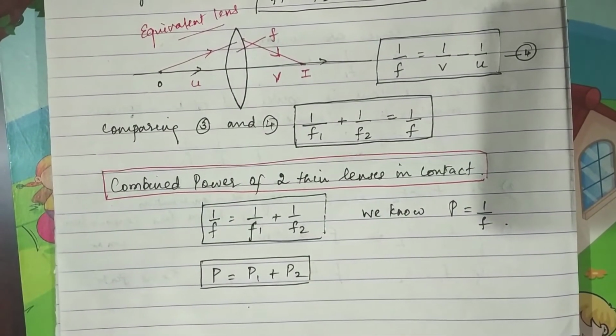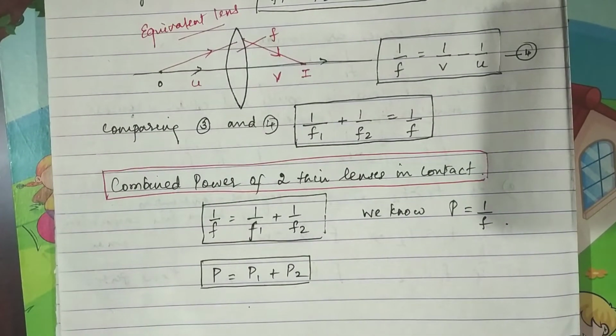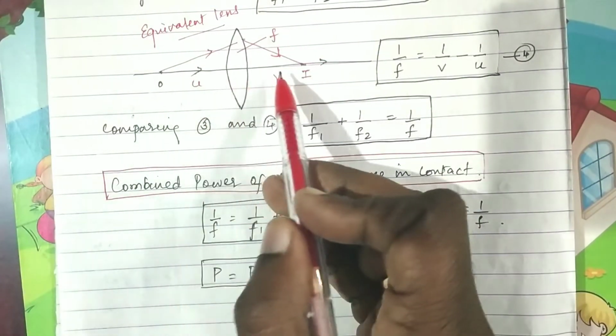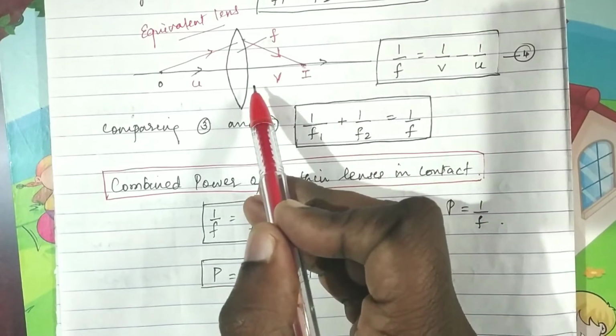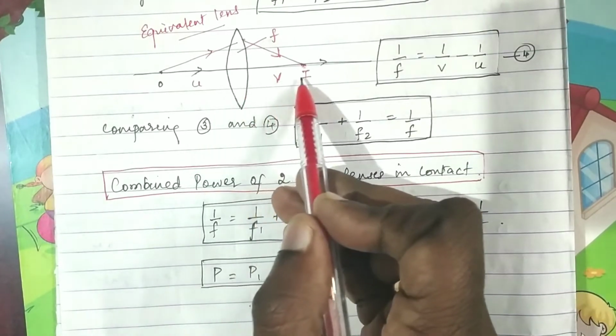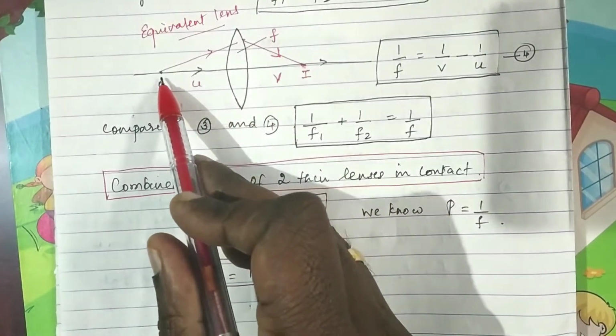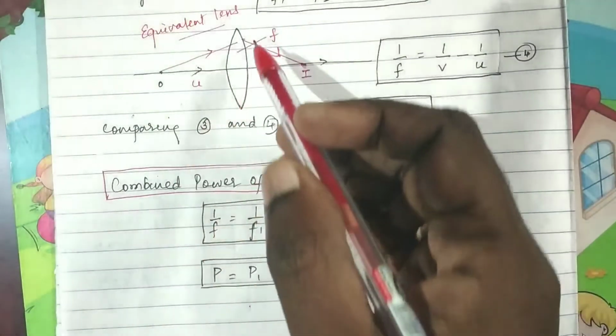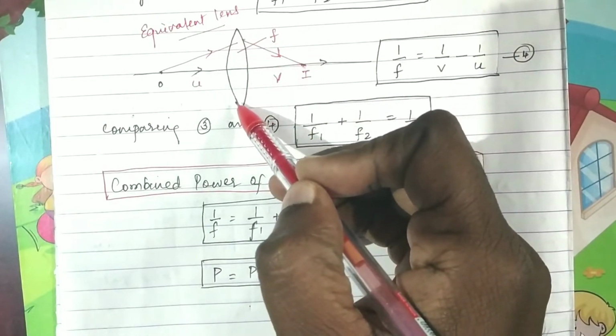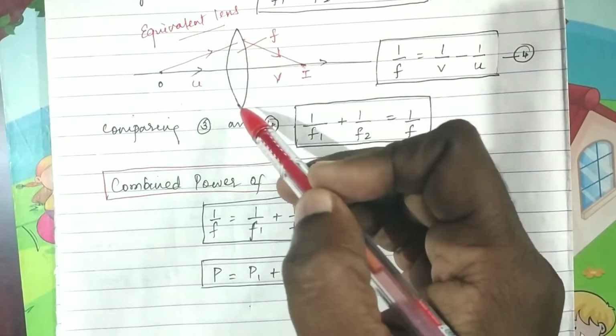An equivalent lens is a single lens that forms the image of an object at the same position as is formed by the combination of lenses. By the combination also, the image was formed at I, having the same image distance v, and the object distance was also the same.